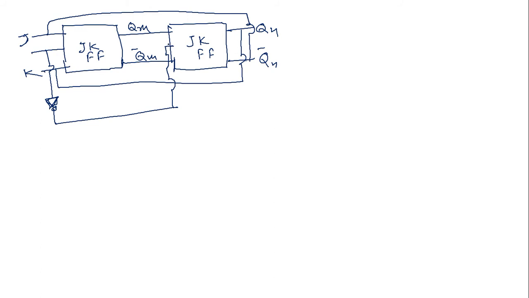It will be better understandable if I draw this using NAND gates. If I draw both JK flip flops using NAND gates, it will be more clear to you. So I can draw this circuit of master slave JK flip flop. For this I have to take 8 NAND gates, 4 NAND gates for master and 4 NAND gates for slave.